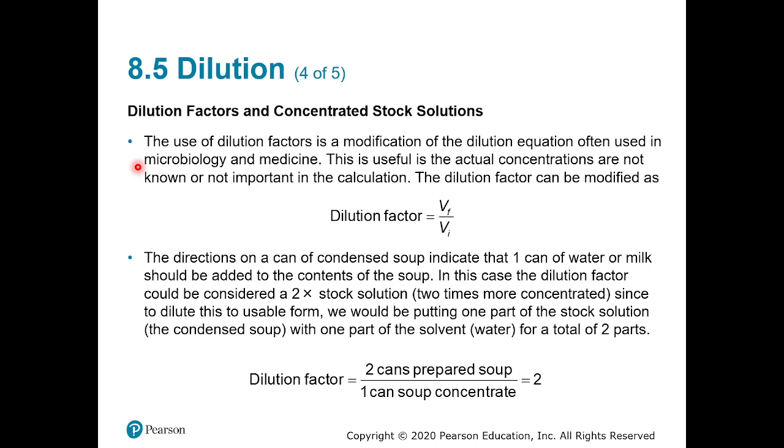So they just give dilution factors, and then you can take what you have and multiply by the factor. It's just a shortcut to that equation. The actual concentrations don't need to be known, only how much you need to dilute it by.